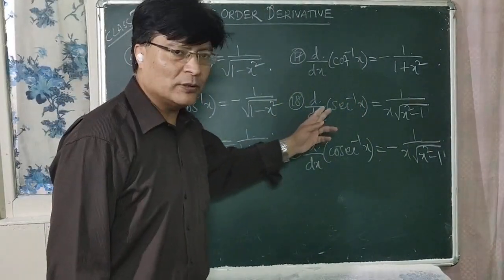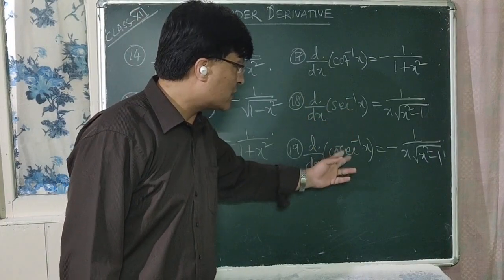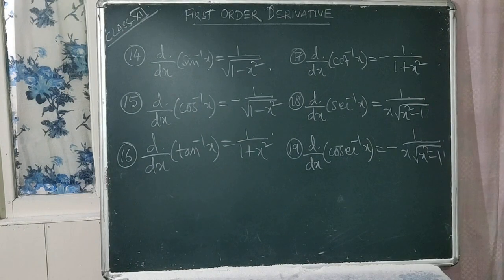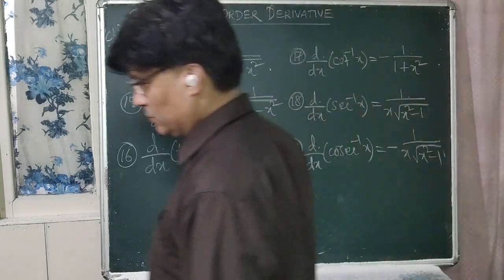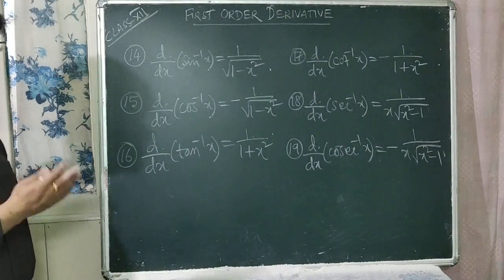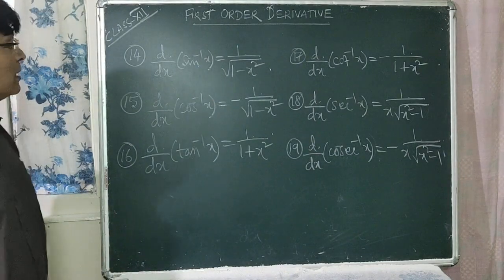So here also the differentiation of sec inverse x and cosec inverse x are similar, but they are of opposite sign, okay? So now if the inverse circular function starts from c, its differentiation is negative, okay?